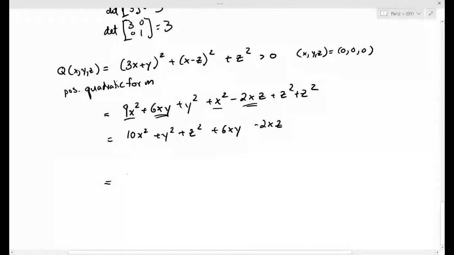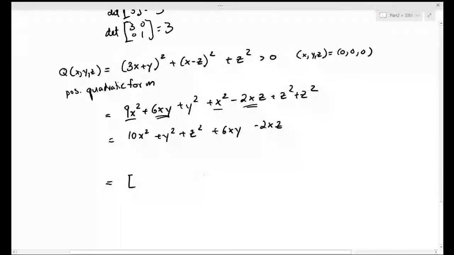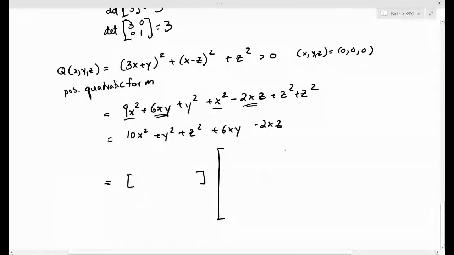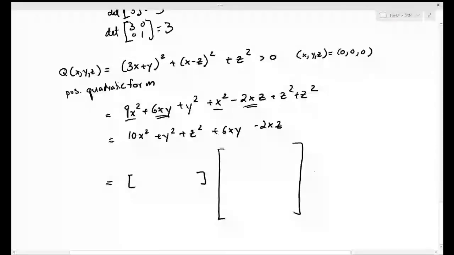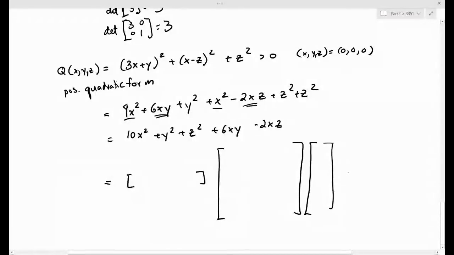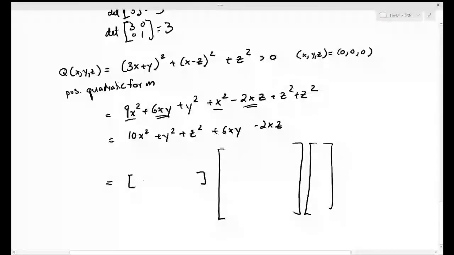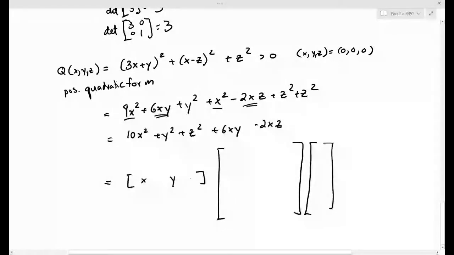And then you can confirm that you can write this as the column vector with components x, y, and z transposed times the symmetric matrix times the column vector.